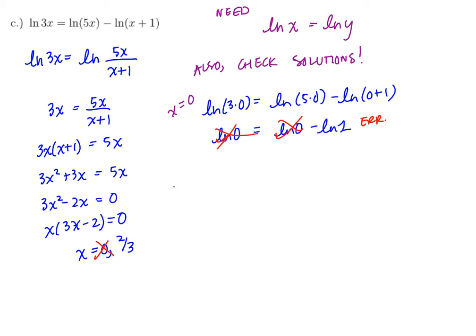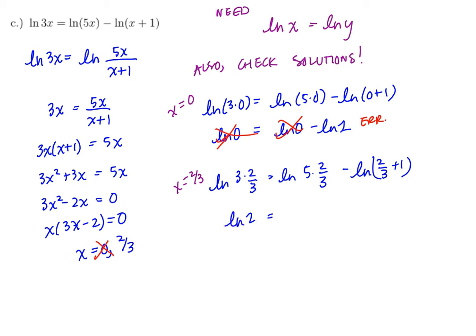Let's try 2/3, just to make sure it's legit. So the natural log of 3 times 2/3 equals the natural log of 5 times 2/3 minus the natural log of 2/3 plus 1. That's the natural log of 2 equals the natural log of 10/3 minus the natural log of 5/3.